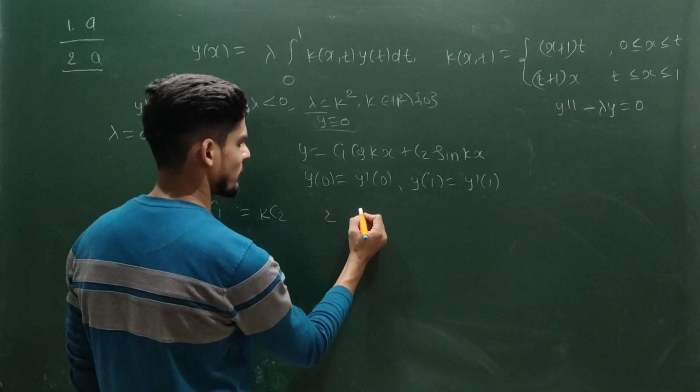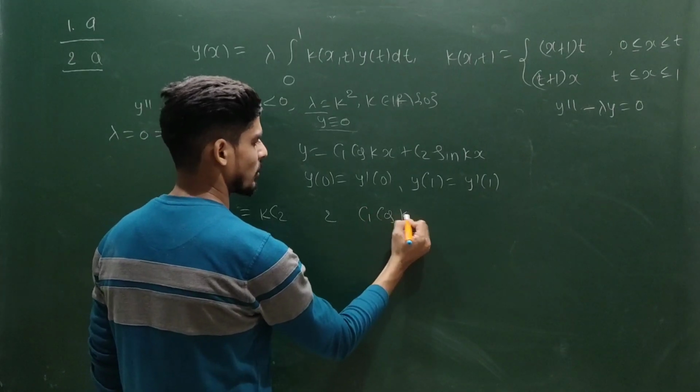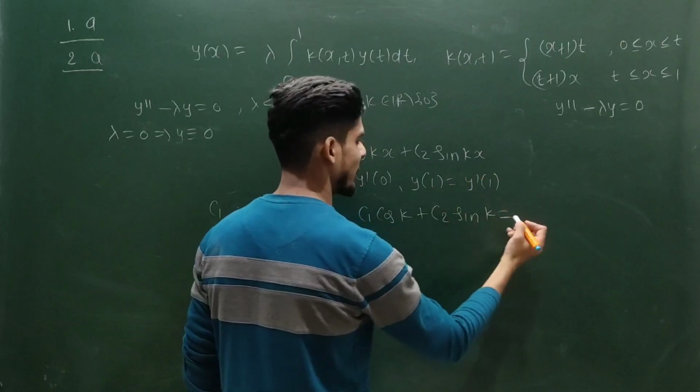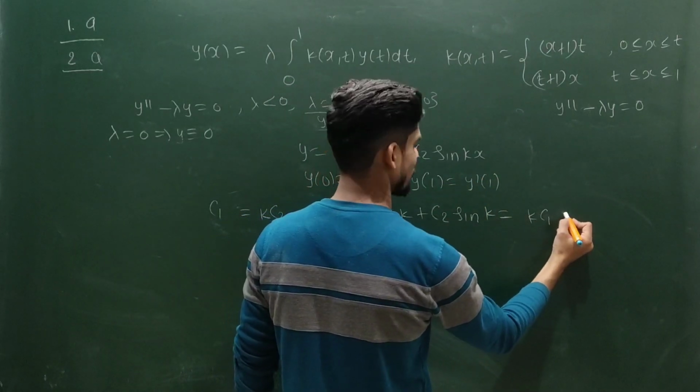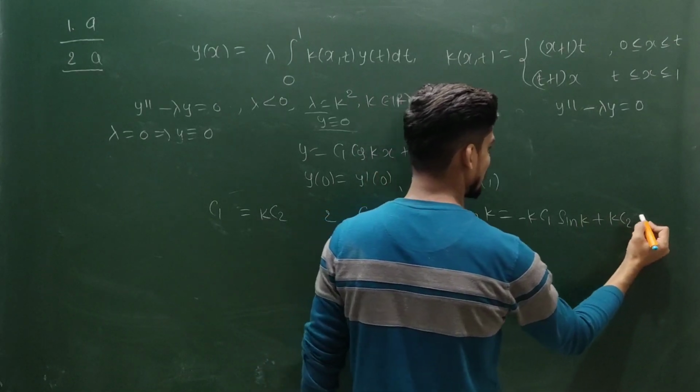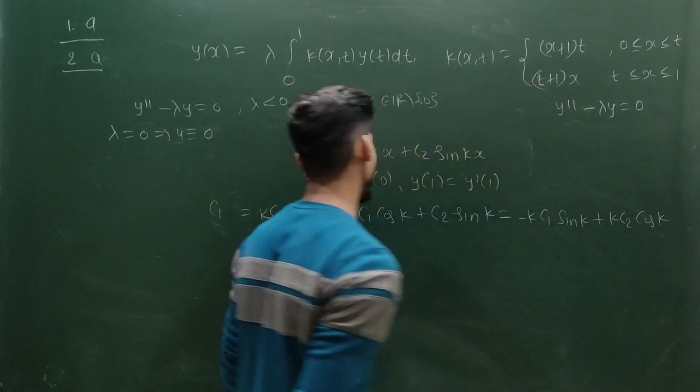So y at 1 will be c1 cos k plus c2 sin k, which is the same as, if I take the derivative, k c1 times minus sin k plus k c2 cos k. I will have this.